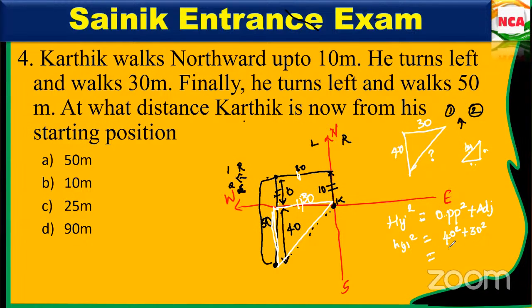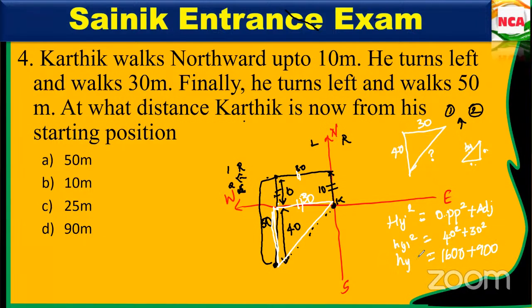Tell me, what is 4 square? Ma'am, 16. 16. So square means you can add 2 zeros. What is 3 square? Ma'am, 3 square is 9. 9. So add 2 zeros. It's square now. Now you add both.